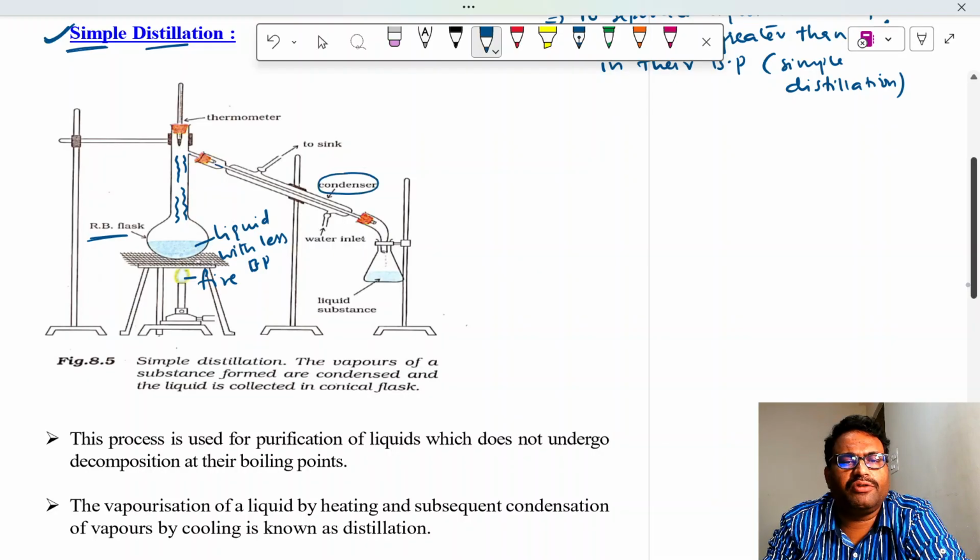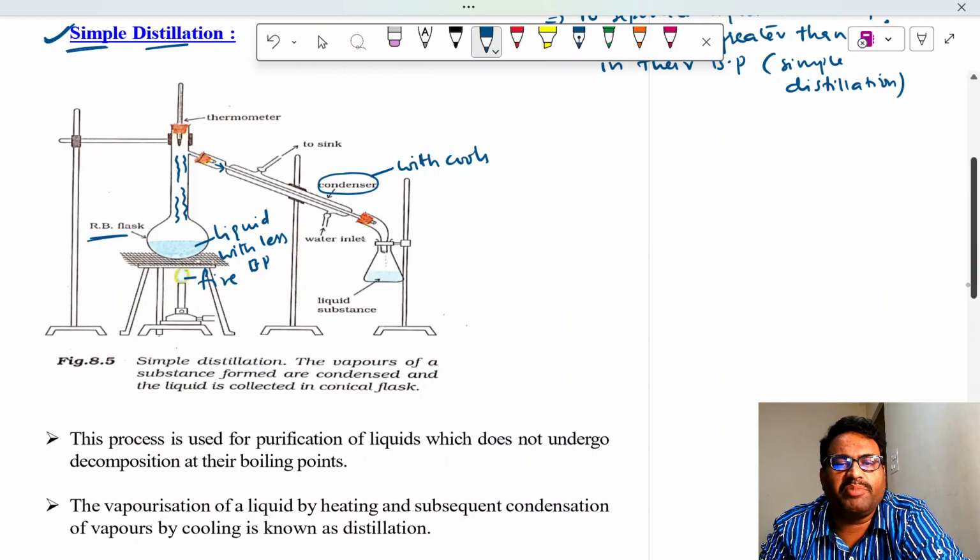When it is coming through this pipe, the condenser is there. Condenser means an apparatus which cools, which decreases the temperature. Condensation, cooling.